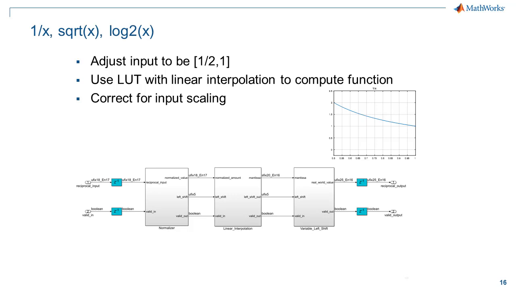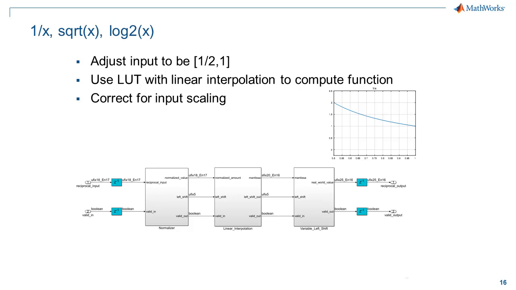So what I'd like to do now is go through this class of functions, which is reciprocal, square root, log 2. We're going to make available some custom implementations of those. They have some nice properties. One of the tips and techniques for building these, and all 3 of these were done with lookup tables, is that lookup tables will do really well if they're operating on a number between a half and 1.